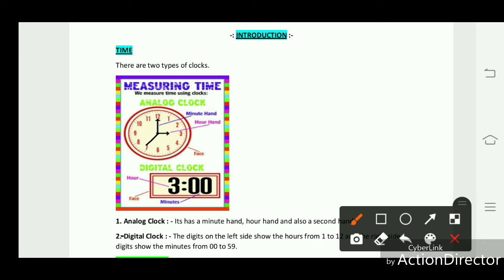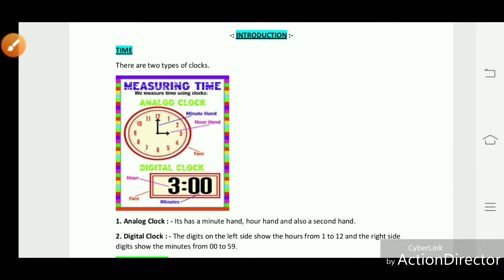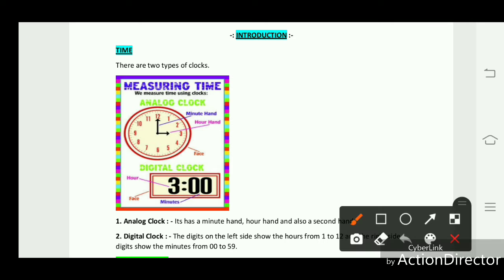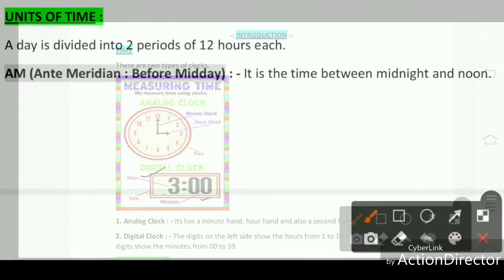And in the digital clock, the digits on the left side show the hours from 1 to 12, and the right side digits show the minutes from 0 to 59. Now the second picture, this type of clock is known as a digital clock.